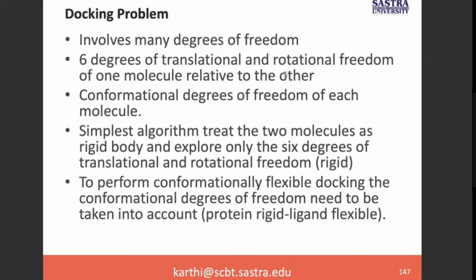That is what we call a computationally expensive procedure. So even flexible docking algorithms allow flexibility only for a few amino acids within the binding site, not for the entire protein. If you give flexibility to the entire protein, your computer resources may not be enough, or it may take several years to solve the problem. Is it understandable? This is what is called the docking problem.